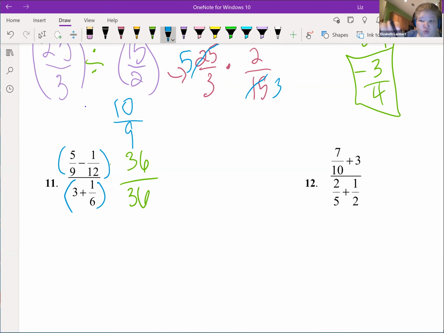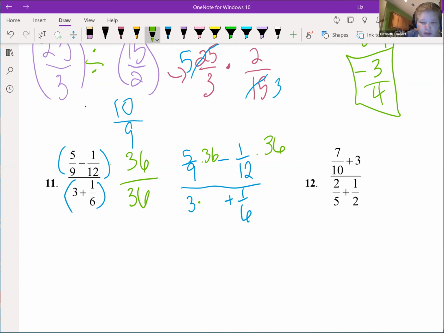So I'm going to go ahead and write that. So give me the blue. So we have 5/9 minus 1/12 big over 3, leave a space, plus 1/6. And now I'm going to go in and write times 36 everywhere. You can write 36 over 1 if that helps. It's totally fine.